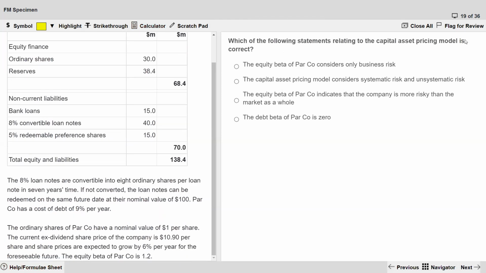It says which of the following statements relating to CAPM is correct. The equity beta of Power company considers only business risk. No. Equity beta considers both the business and the financial risk. CAPM considers systematic and unsystematic risk. Yes.